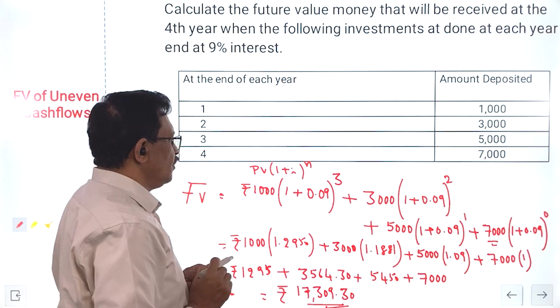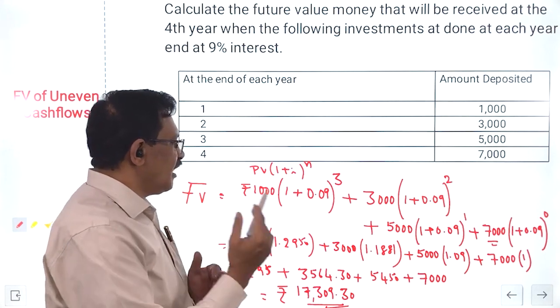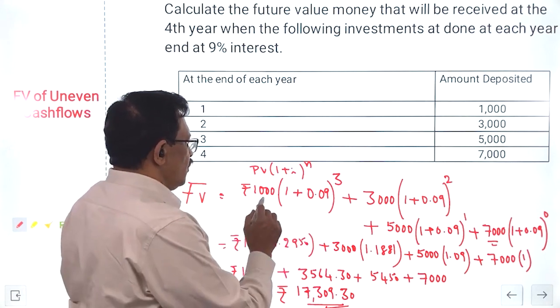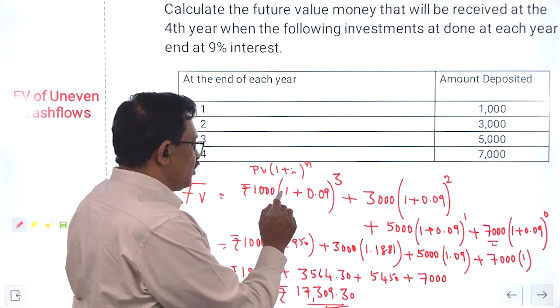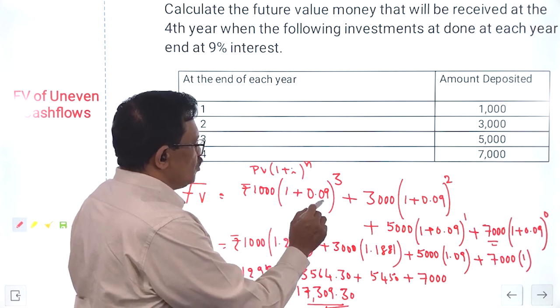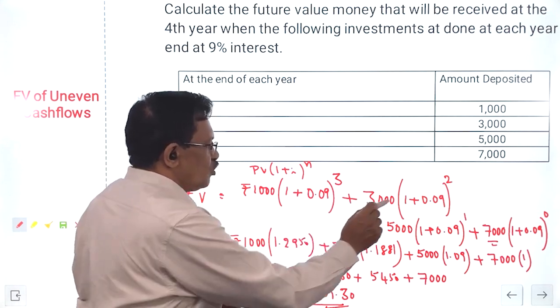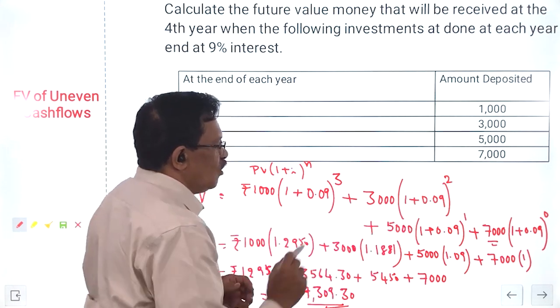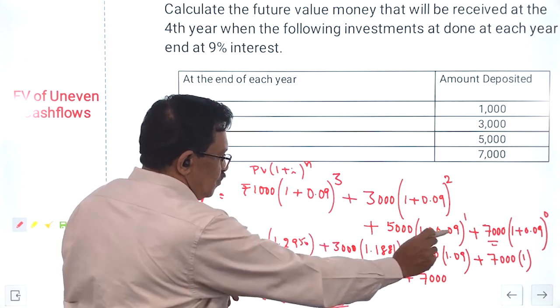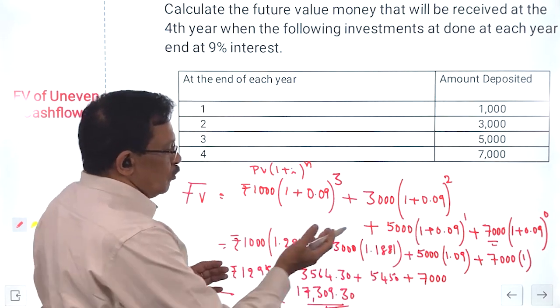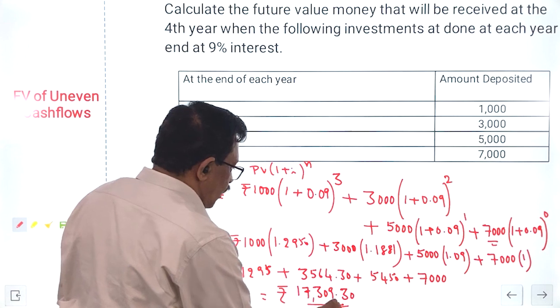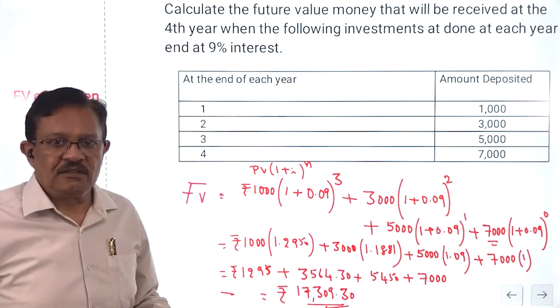The first amount is deposited at the end of the first year, so 1,000 into 1 plus 0.09 whole to the power of 3. The second amount is 3,000 into 1 plus 0.09 whole to the power of 2. Like this, we put the equation and find the future value of the money. Thank you.